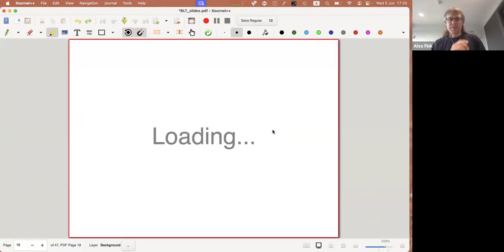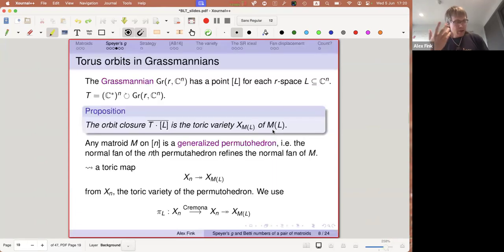Now that's nice, but as I said, I'd like to work not on all of these different toric varieties, but in one toric variety.